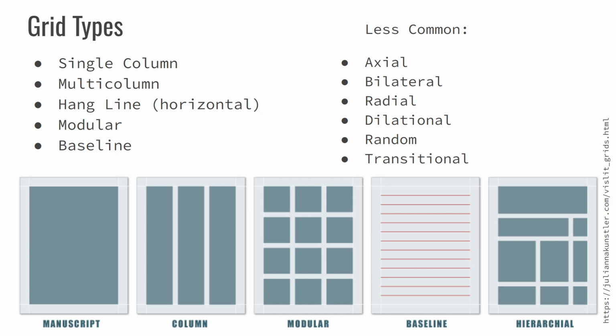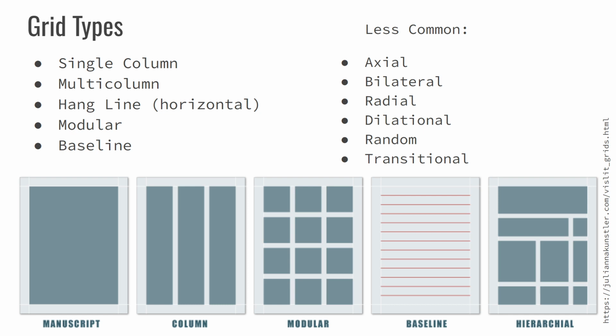We have a modular, which uses the little cells as your grid. In terms of these, think of your columns, rows, and cells. So modular is each cell, right? Columns is just using that up and down, that vertical. Hangline and baseline are just using that row, that horizontal.